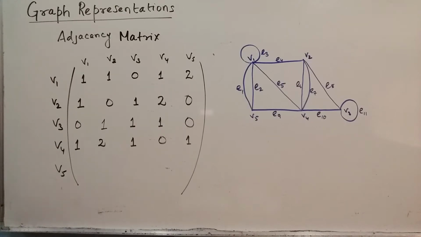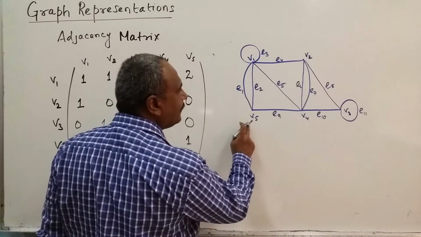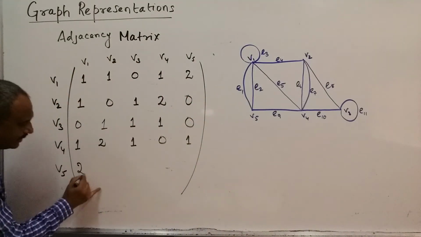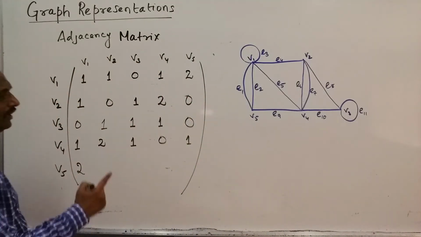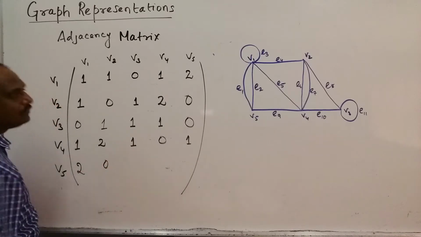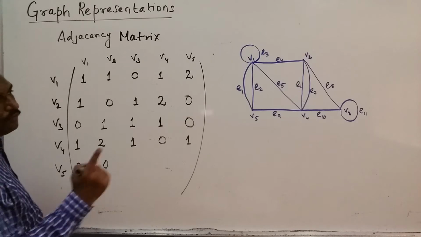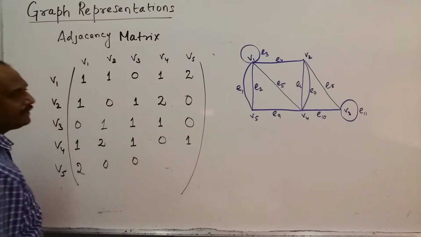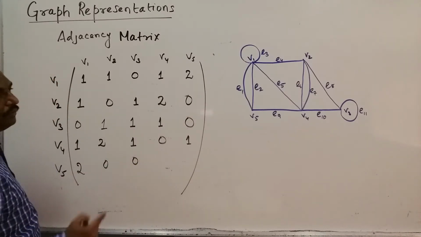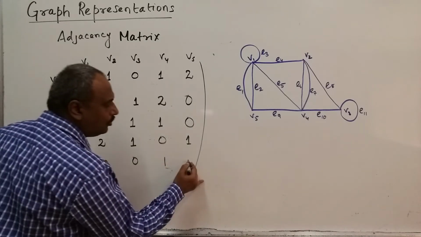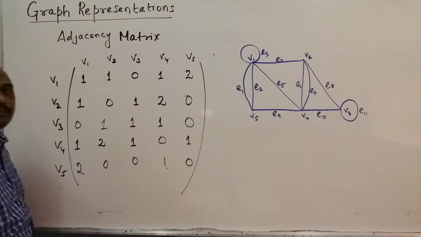And the last one, I am going to check for V5. V5, V1, I am having two lines, two edges. V5, V2, there is no edge connecting them. V5, V3, there are no edges connecting them. V5, V4 is 1. There is no loop, so this is 0.